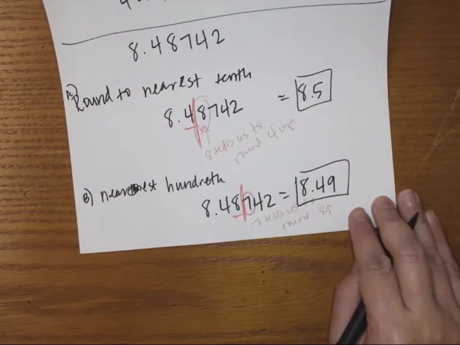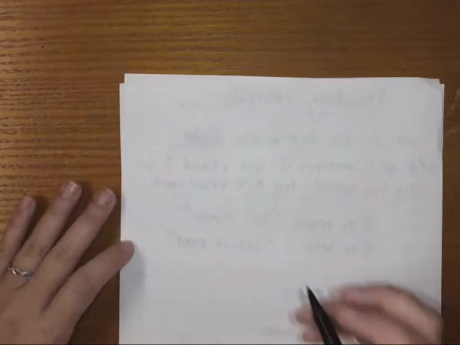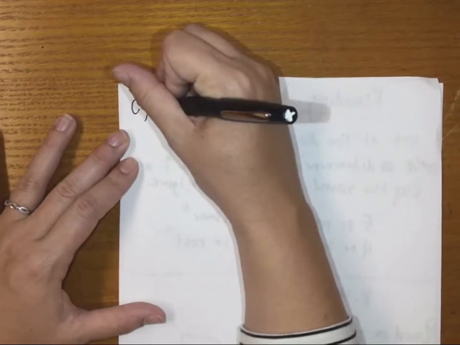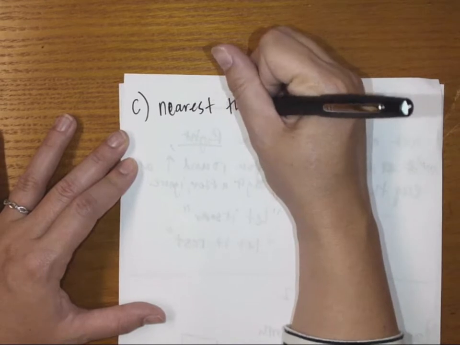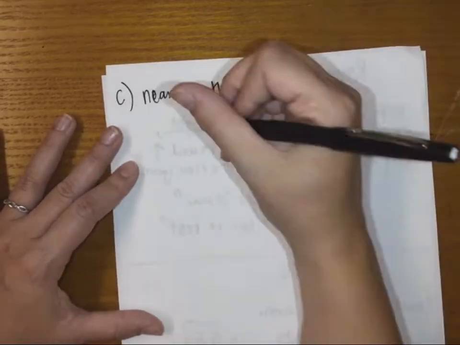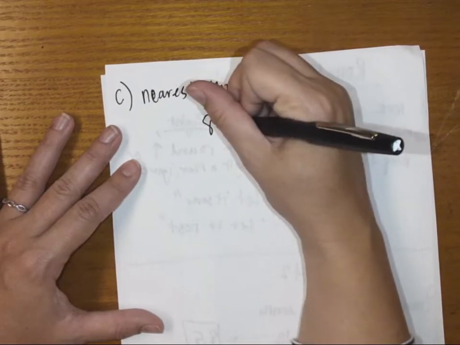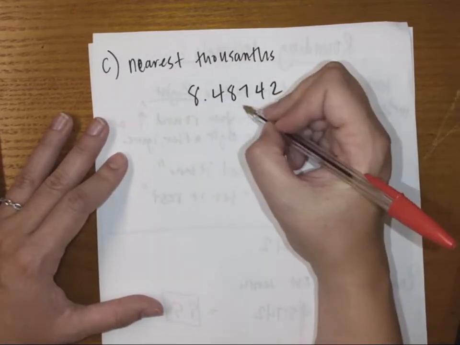Okay, let me do the same thing, but this time let me round to the thousandths place. So same number. This time we're rounding to the nearest thousandths place. Okay, so my number is 8.4742. So nearest thousandths. Here's my thousandths place.